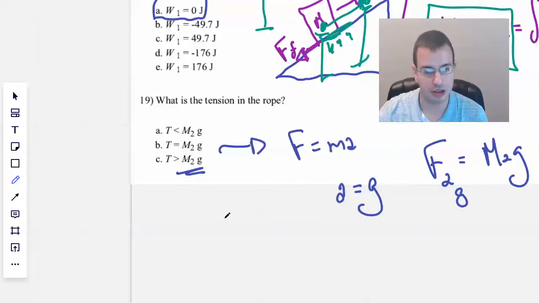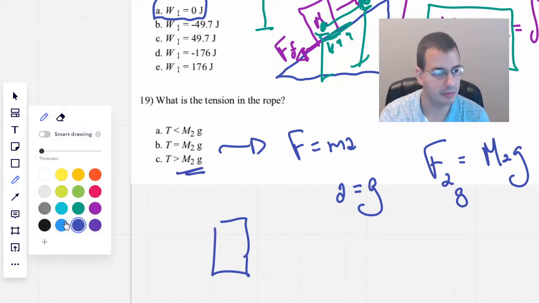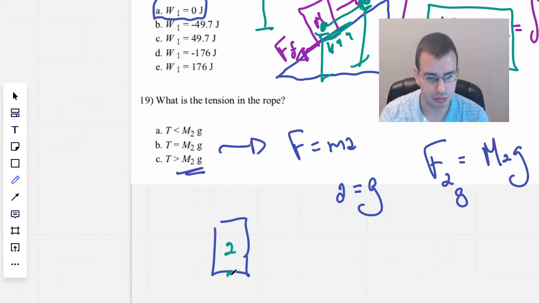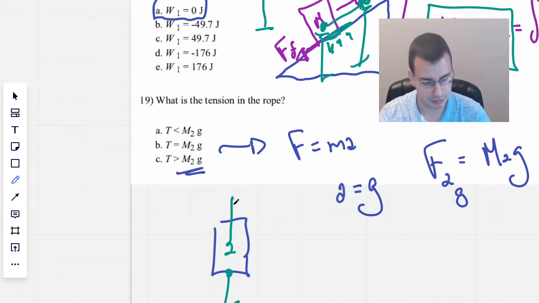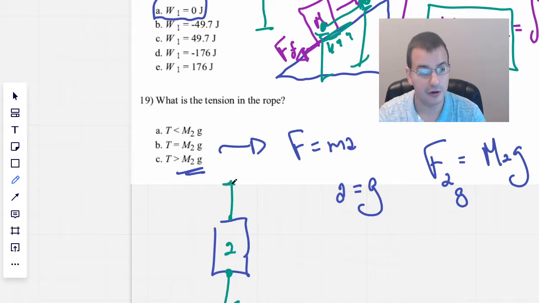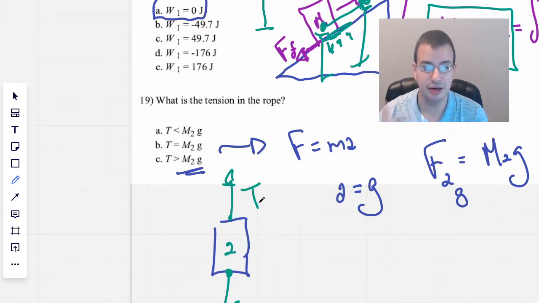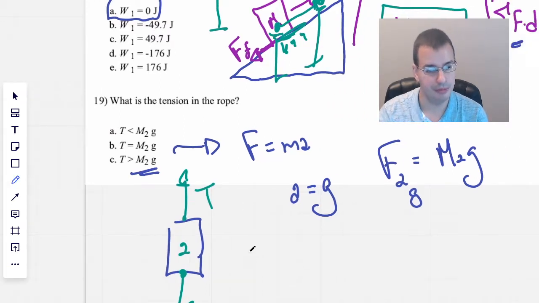If we draw the free body diagram, we have block number 2. We have force due to gravity, and tension.